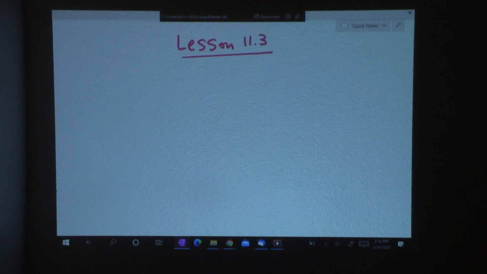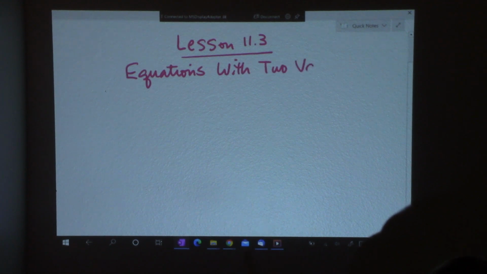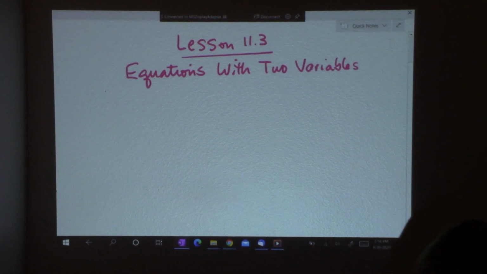All right, so 11.3 is called Equations with Two Variables. Now, when we have this, I know where they're trying to prepare you to be, because I also teach Algebra 1.